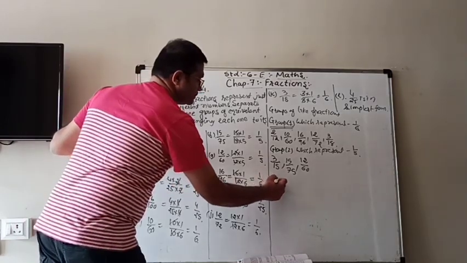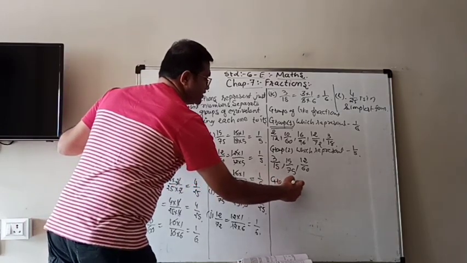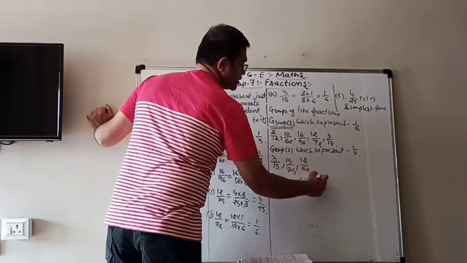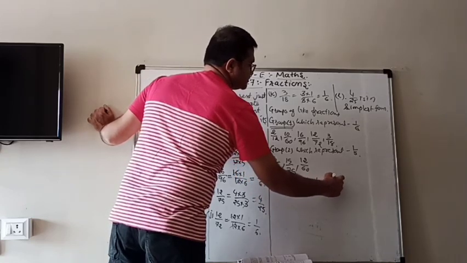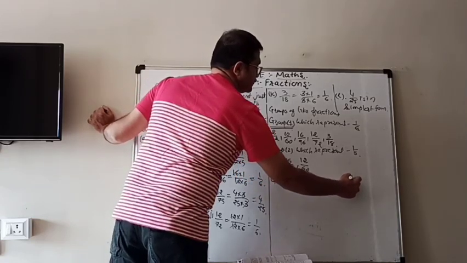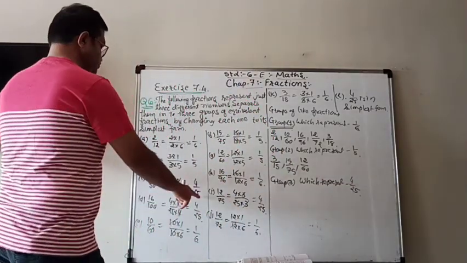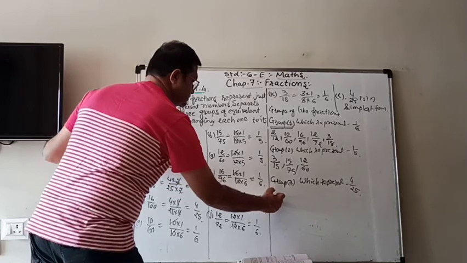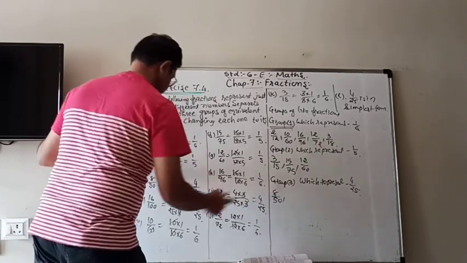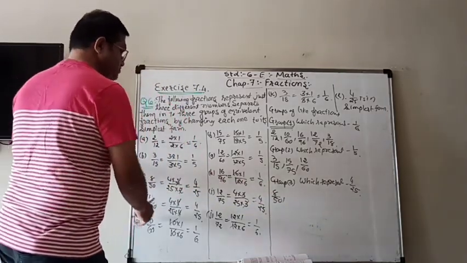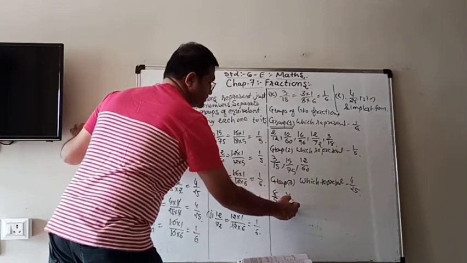And the last group, group 3, which represents 4 upon 25. So here you get 8 upon 50. Then next one 16 upon 100.